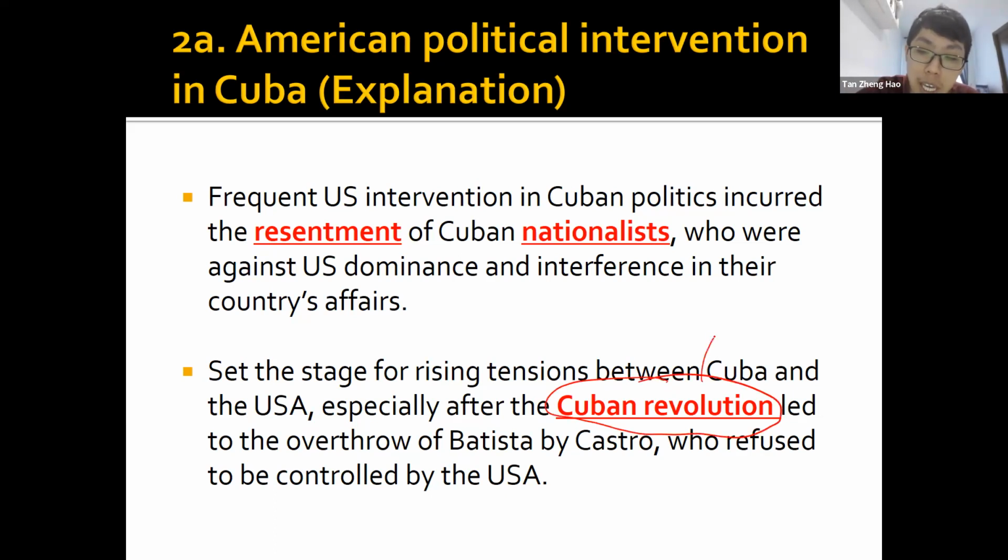A revolution, in case you forgot, means to overthrow the government. We have learned about the October Revolution that led to the rise of the Soviet Union in Russia. They overthrew the Tsar, their emperor, and set up a new Soviet state. So this is another revolution that was created, and it overthrew Batista, and the new leader that came was Castro.